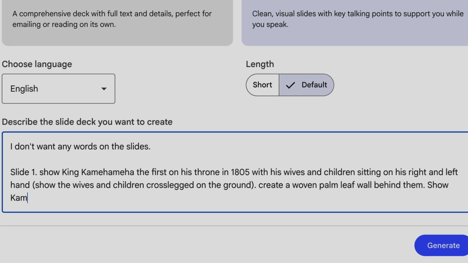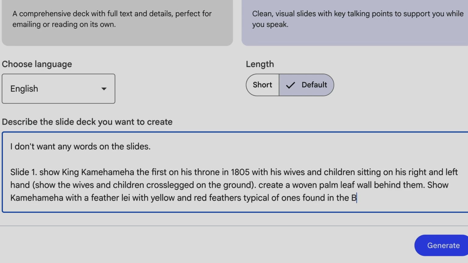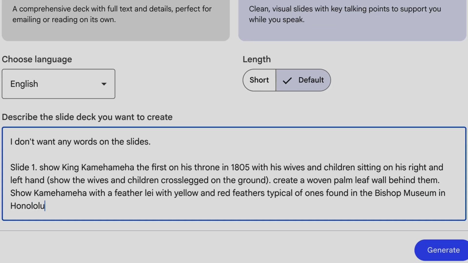Show Kamehameha with a feather lei with yellow and red feathers, typical of ones found in the Bishop Museum in Honolulu. Okay.